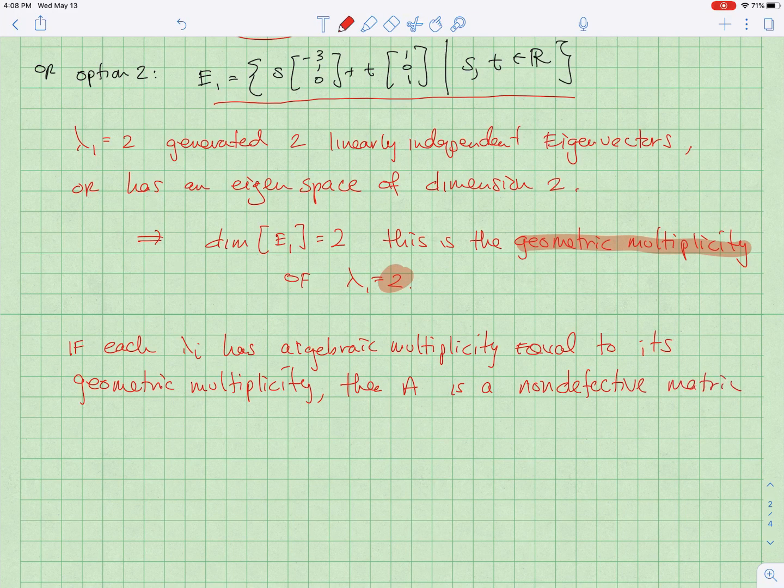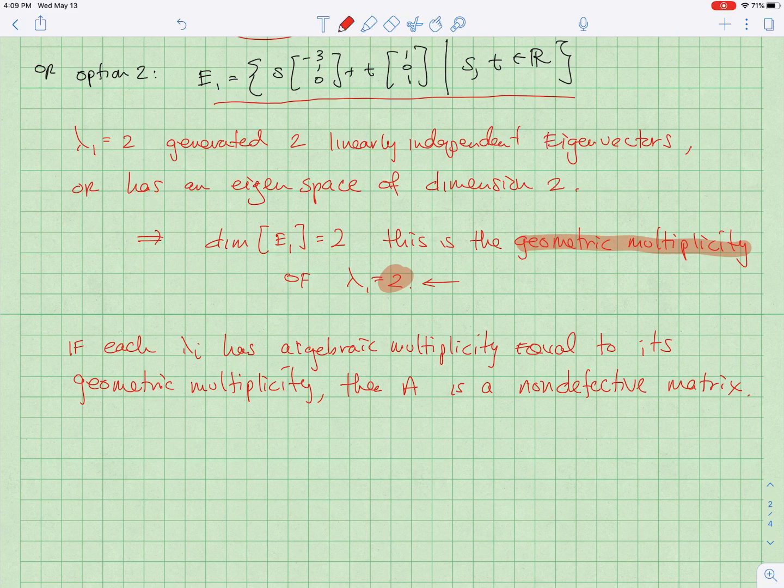Now, that's just another way of saying the exact same things in the notes and definitions that we had above. Now, I can't actually classify this matrix right away as defective or non-defective. Actually, that's a lie. I can. But what I mean here is we shouldn't jump the gun and say just because this particular eigenvalue had an algebraic multiplicity equal to its geometric multiplicity, that doesn't mean the entire matrix is non-defective.